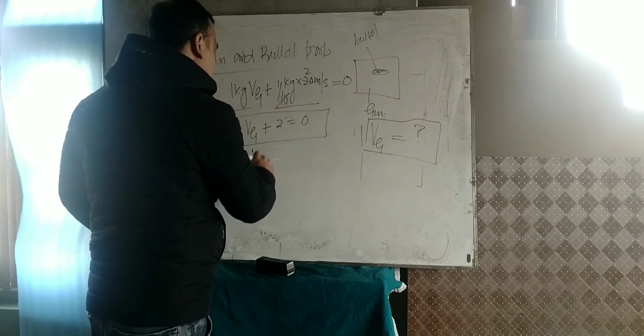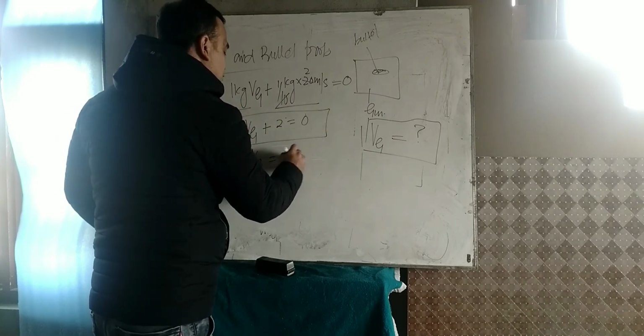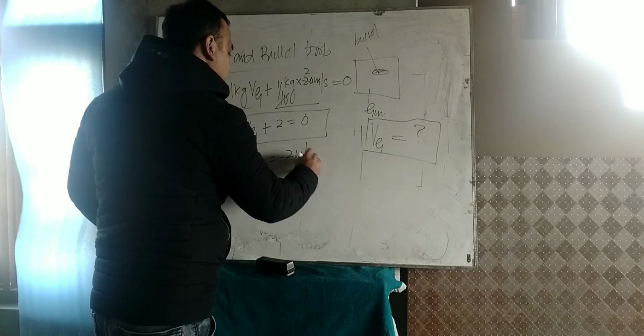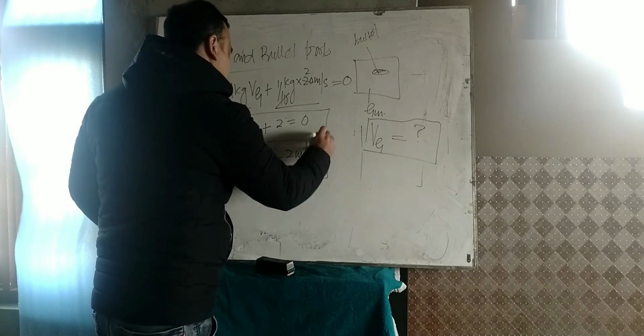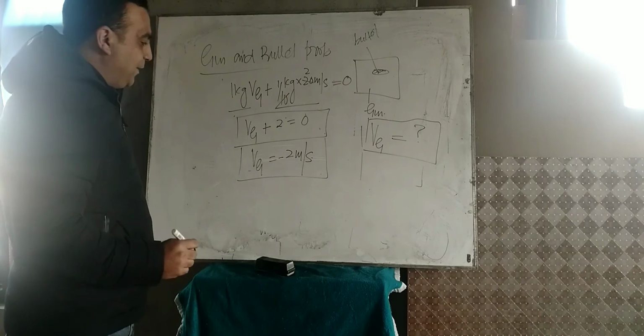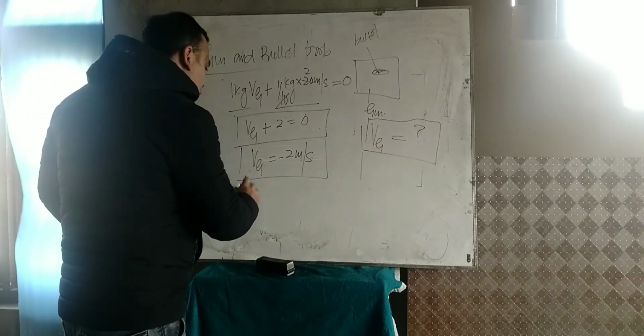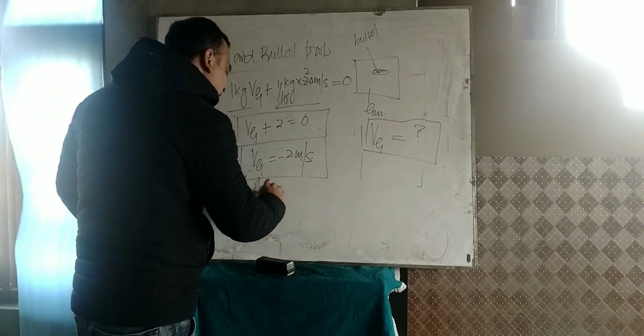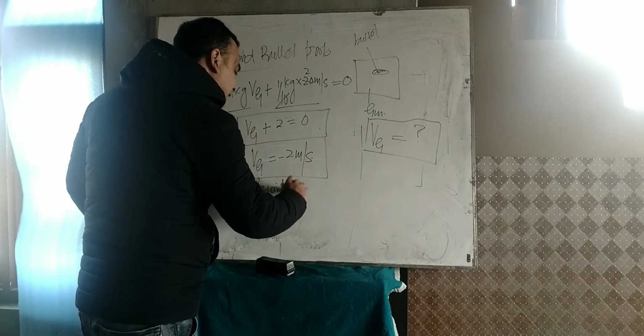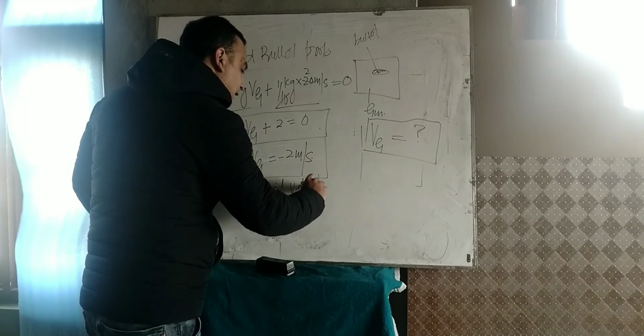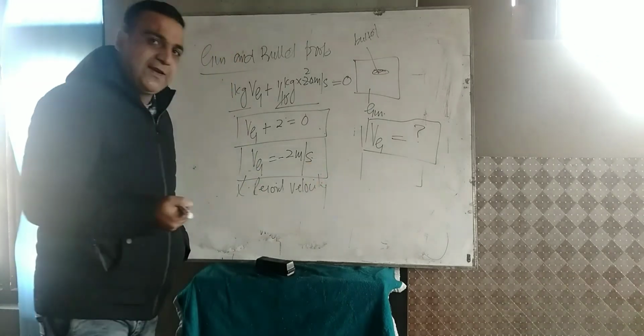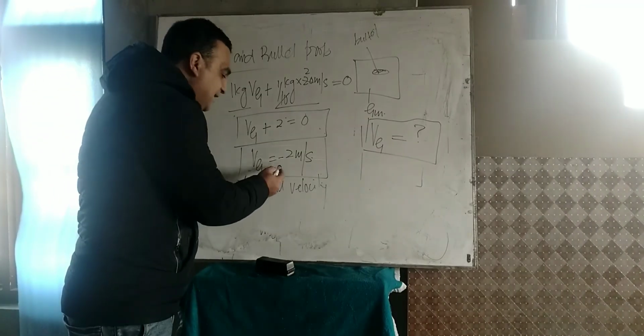So the velocity of the gun will come out to be minus 2 meter per second. So Vg, the recoil velocity of the gun in this problem, will be 2 meter per second, and there's a negative sign.